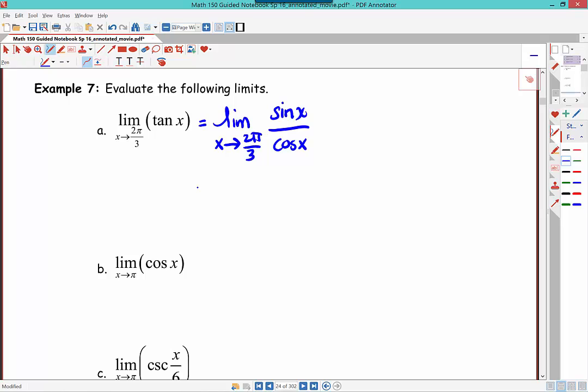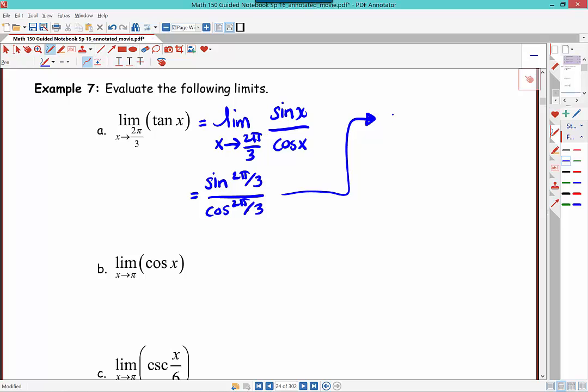So now I'm really good with the sine and cosine outputs. So basically what I'm doing here is this is equivalent to sine at 2 pi over 3 over cosine at 2 pi over 3, which is what? What quadrant is that in?